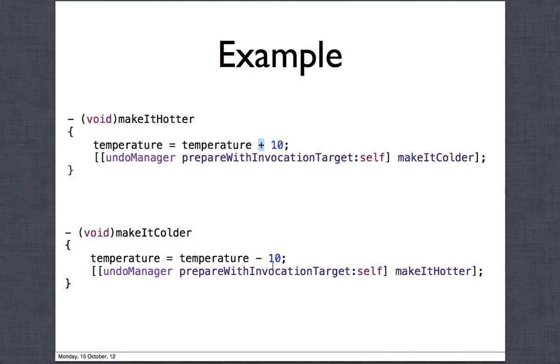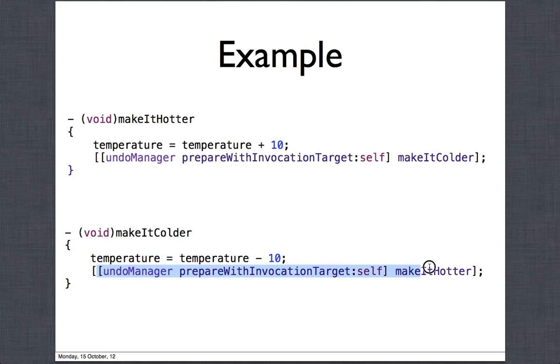And of course, I have to do this again. I have to say, well, to undo this, I have to call make it hotter. Now, NSInvocation is really smart because even though they look the same, if you hit make it hotter first, then this will be undo.